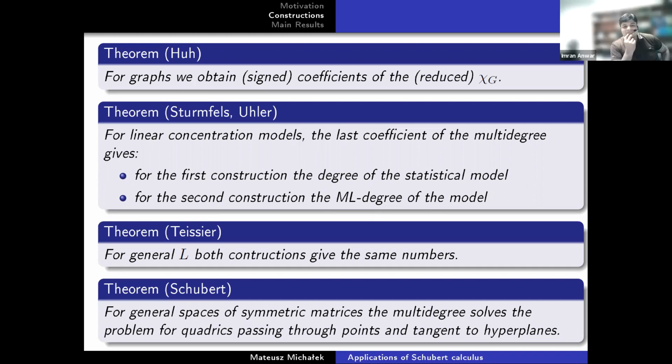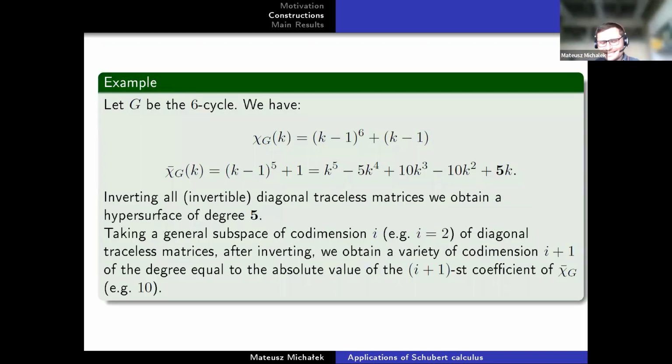So he was working with the gradient of the product of coordinates. He never called it the gradient of the determinant, but it's a very simple rephrasing. And this example on the next slide is very much in Huh's type of theory. So we go back to our cycle example, and you can compute the chromatic polynomial there.